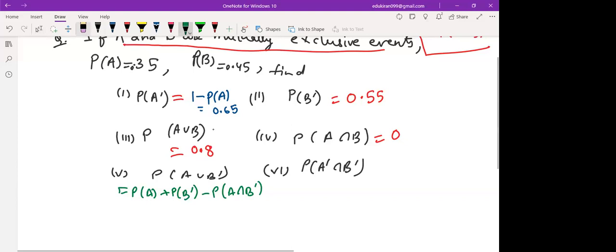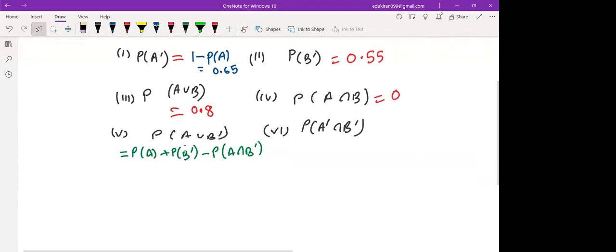P of A is 0.35 and P of B complement is 0.55. P of A intersection B complement we don't know. How can we find this?